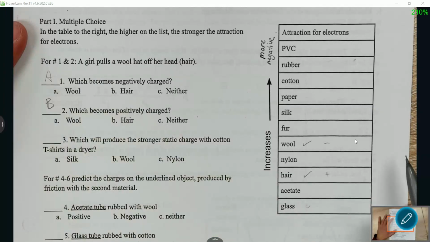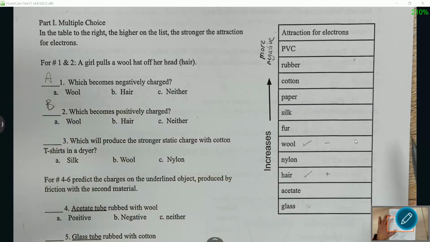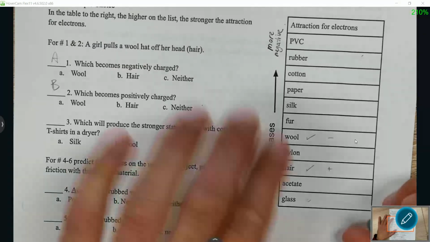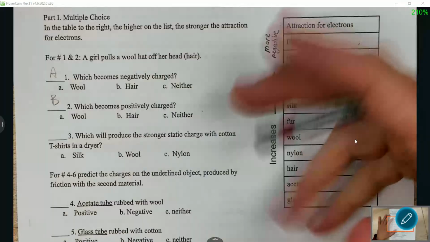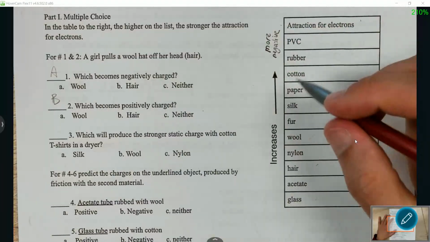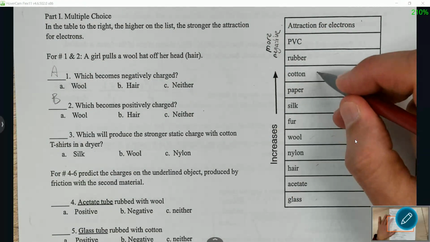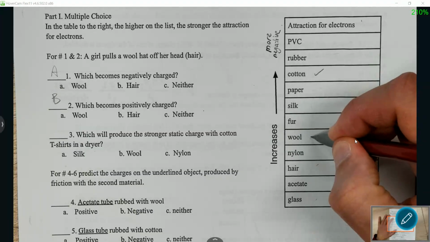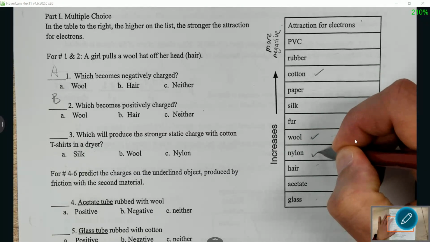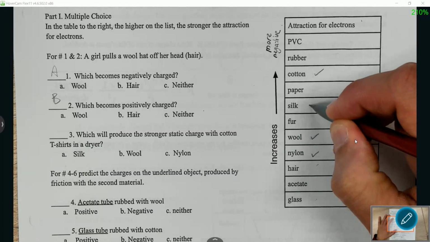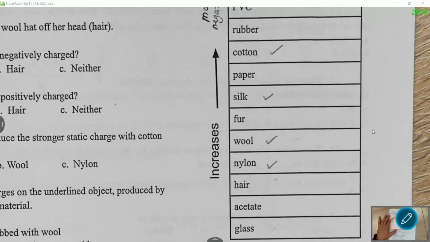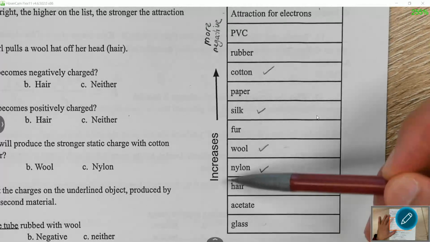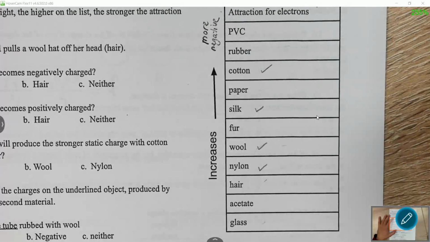Now, which would produce a stronger static charge with cotton? Silk, wool, or nylon? So how do we do this one? I'm not sure, but what do we got? We have cotton, we have wool, nylon, and silk. So the list is basically the stronger you are on the way up.